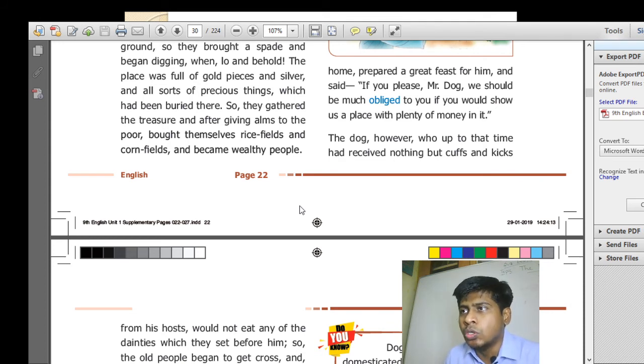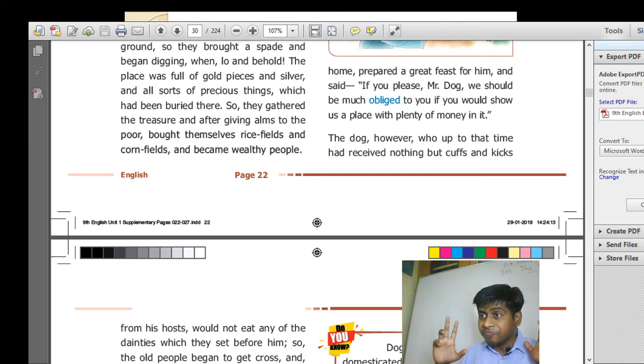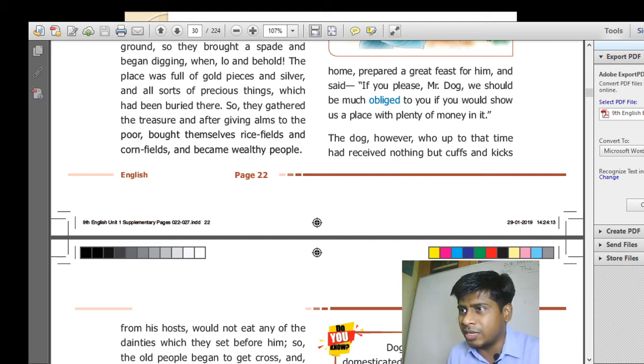Please show us a place with plenty of money in it. They thought this dog has some supernatural power to identify where the treasure is, and they can become rich with the help of the dog. So they borrowed it, they want to be rich. That's the purpose.